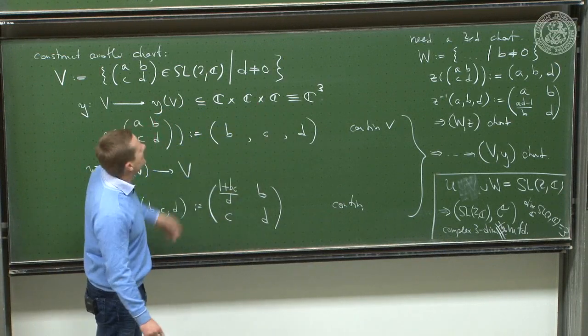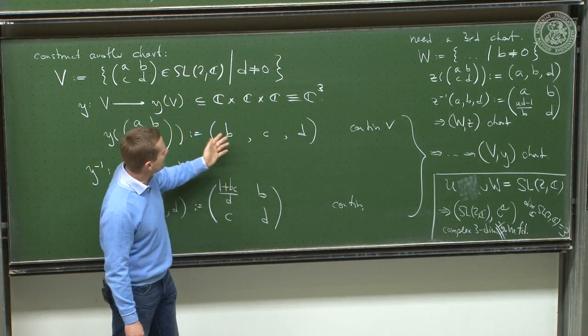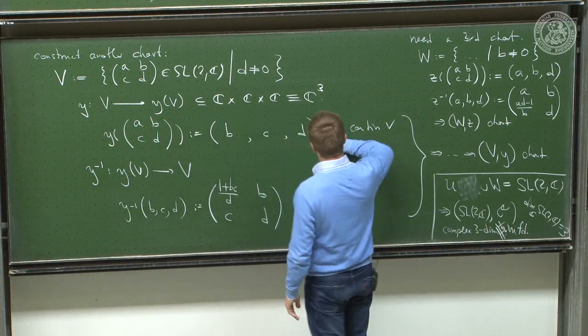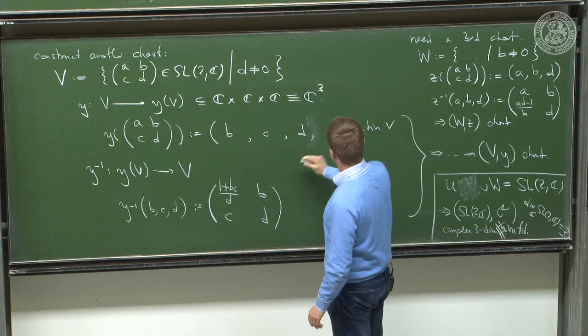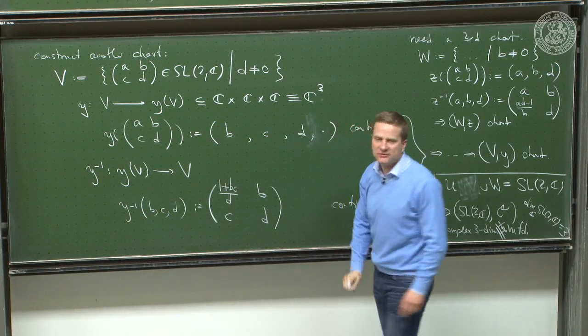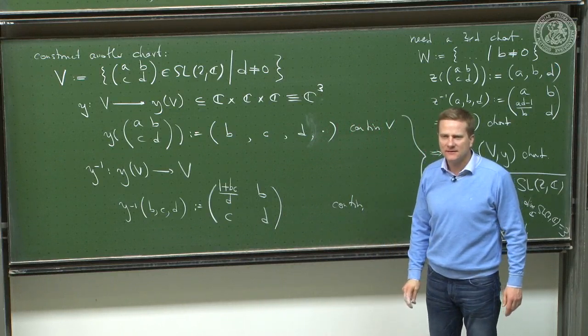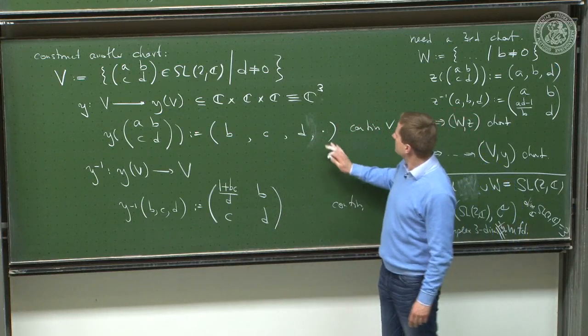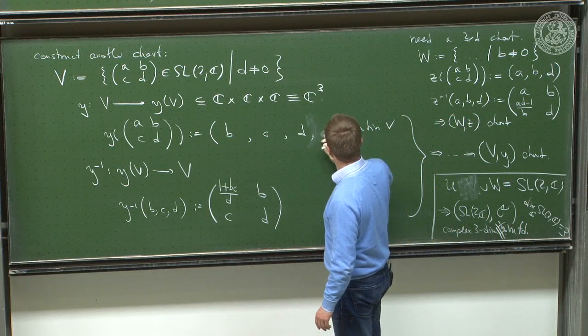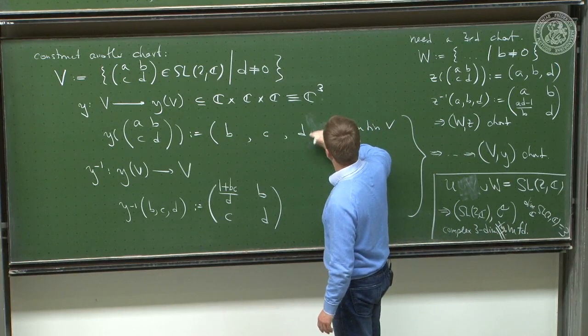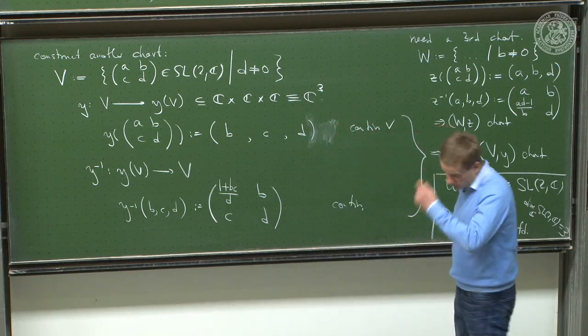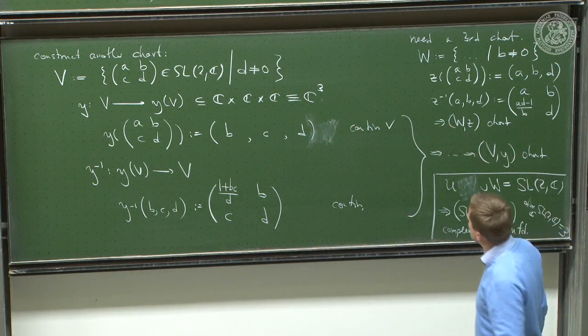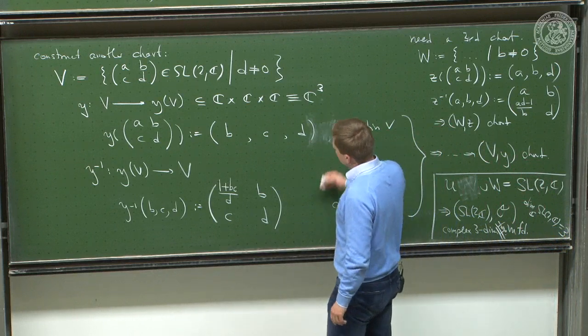Yeah, that would be very silly. But then you would have to have an additional entry here, right? If you didn't notice that you could use the condition to kill one of the coordinates.